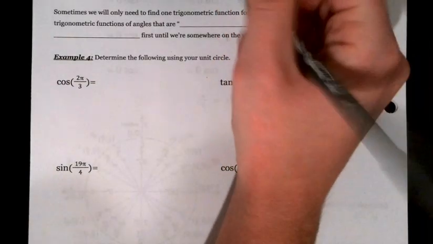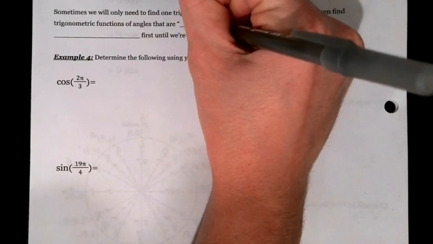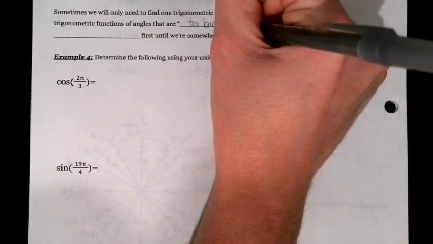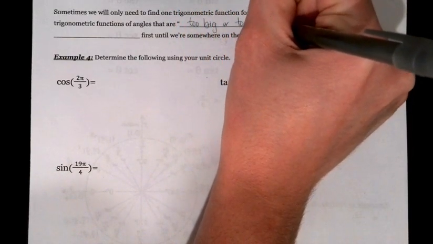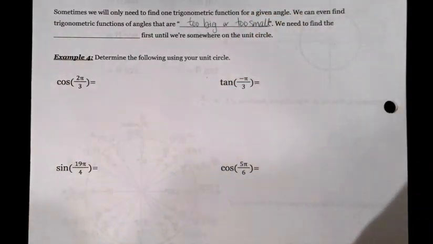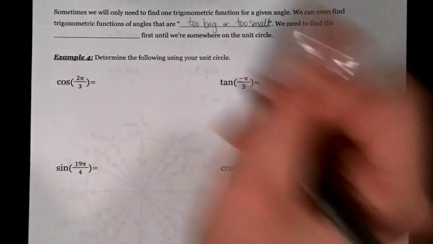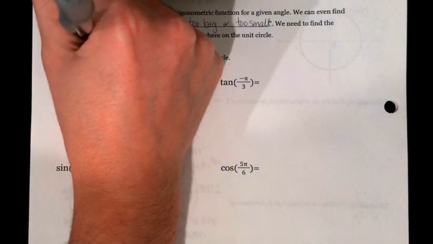And so if we have an angle that is too big or too small, then we first need to find the coterminal angle.